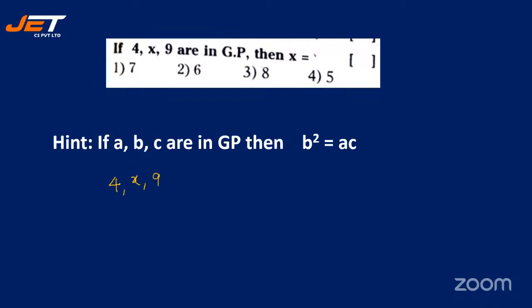So B is x, and x square is equal to 36, that is 4 into 9. X will be square root of 36. Assuming it to be positive, we take it as x is equal to 6. So your answer must be option 2.